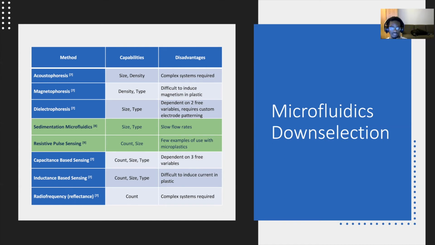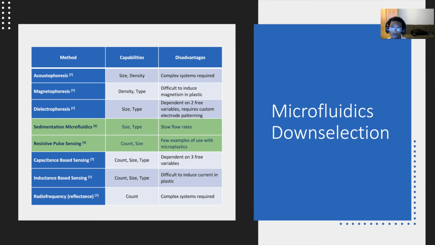Capacitance-based sensing has a similar problem to dielectrophoresis in that you have 3 coupled variables that mean that you would have to have particles that either have 2 of the same of one variable so that you can distinguish on their 3rd variable. And with inductance-based sorting, the problem was that it's hard for you to induce a current within the plastic, so you aren't able to use it for microplastics as easily.